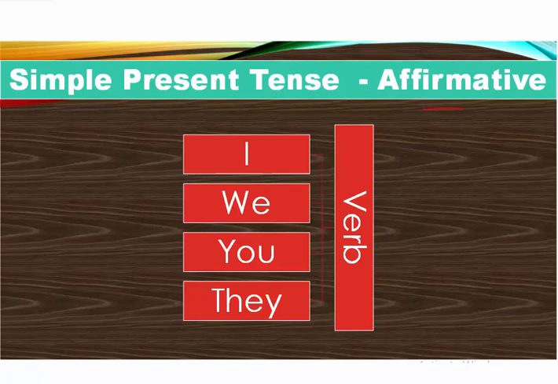When I, we, you, they comes, it will join with a verb. When I, we, you, they comes, the simple verb joins.